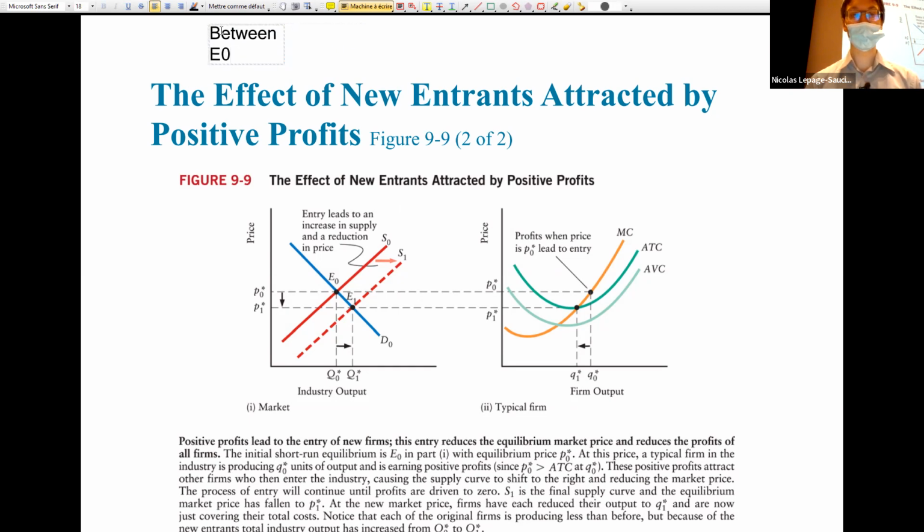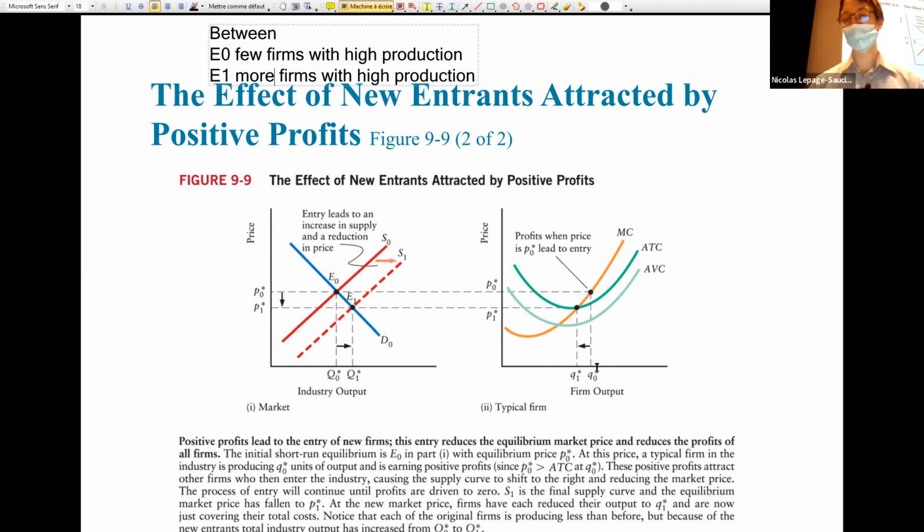At E0, you have few firms that produce with high production. At E1, you have more firms, because they have entered the market. But look at what happens for one individual firm.